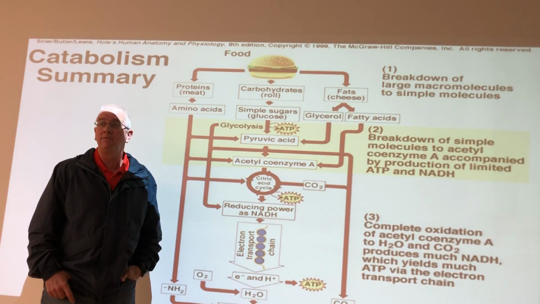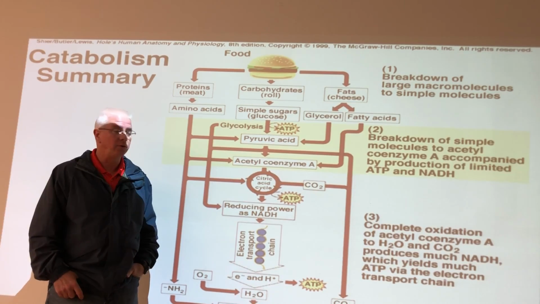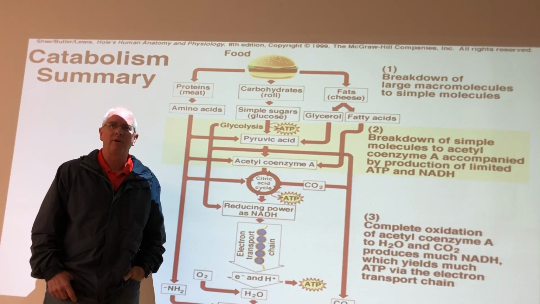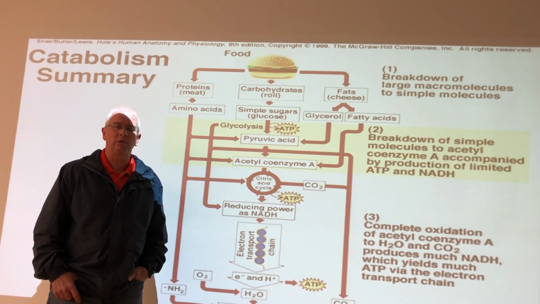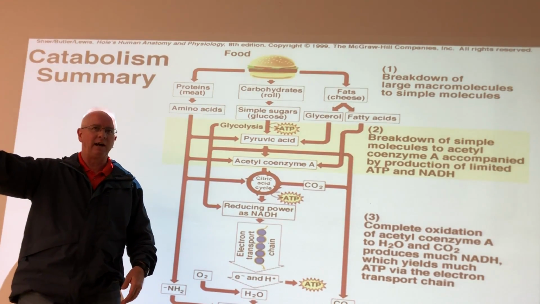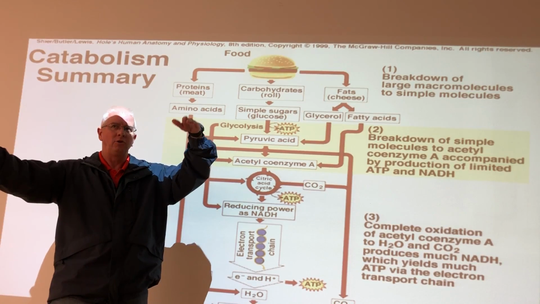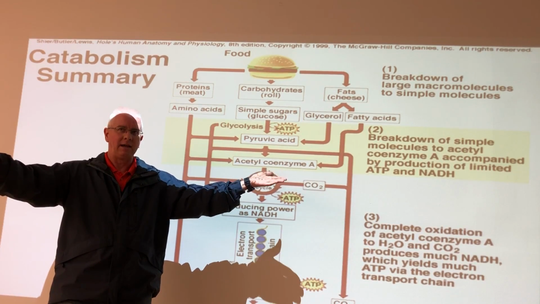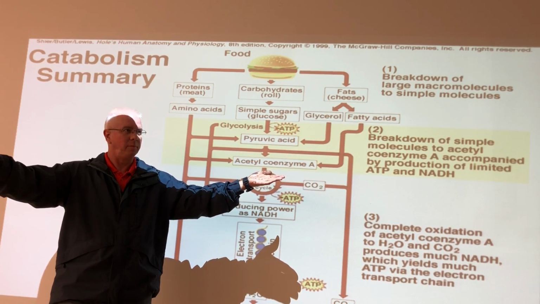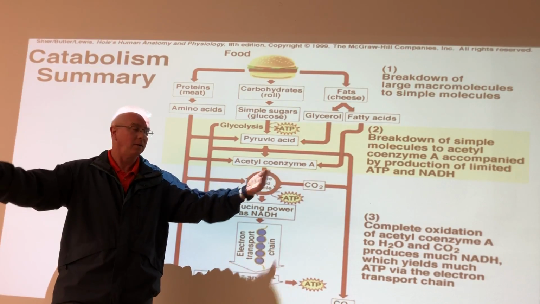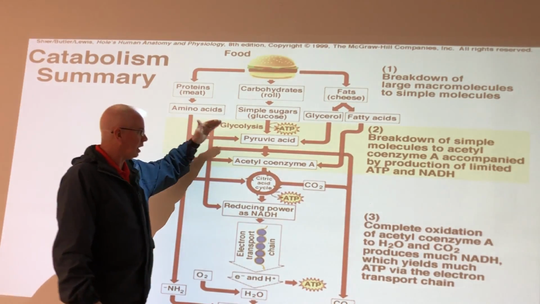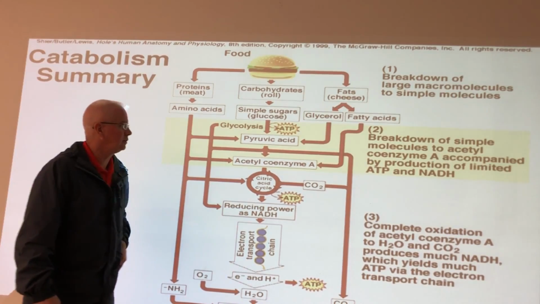So really, I love that explanation, and I'll do it again with you at the end. Oxidative phosphorylation is the process by which you oxidize the coenzyme, and you phosphorylate ADP to make ATP. Okay, so glycolysis, citric acid cycle, electron transport chain.